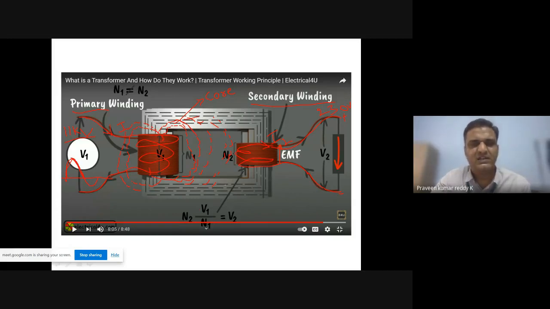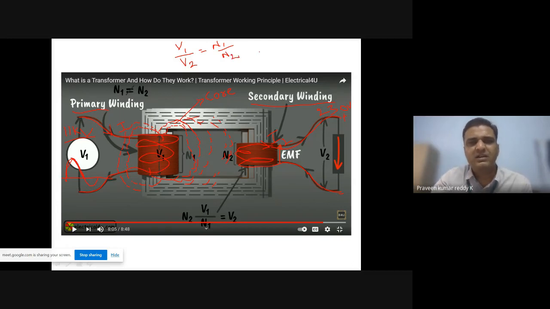What that means is that the voltage ratio between primary and secondary will be related by an equation like this: V1 by V2 is equal to N1 by N2. There is a derivation for this.